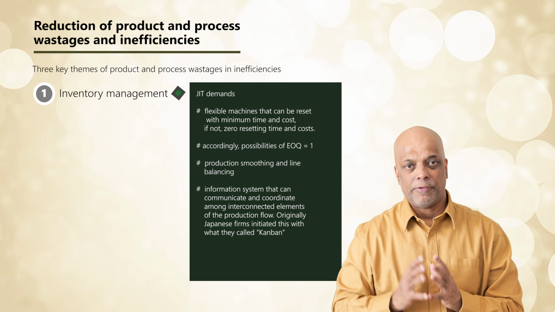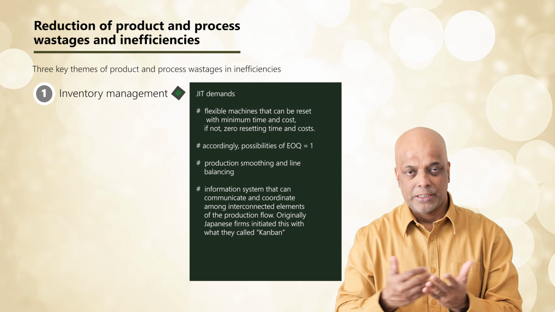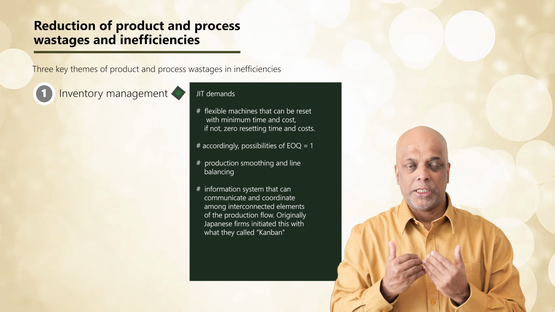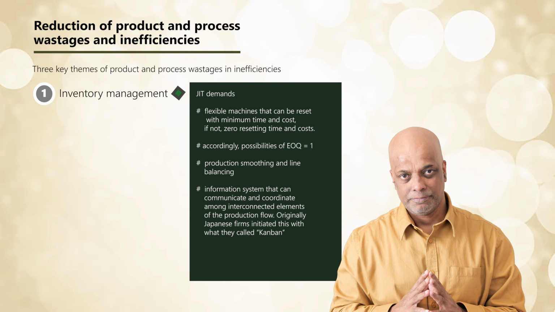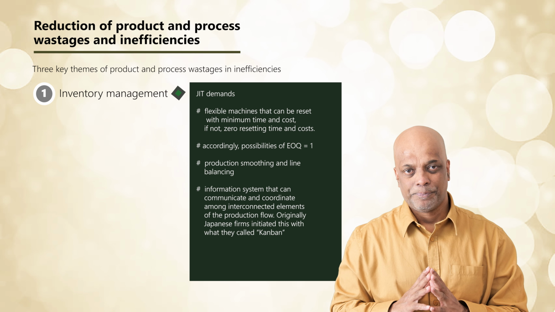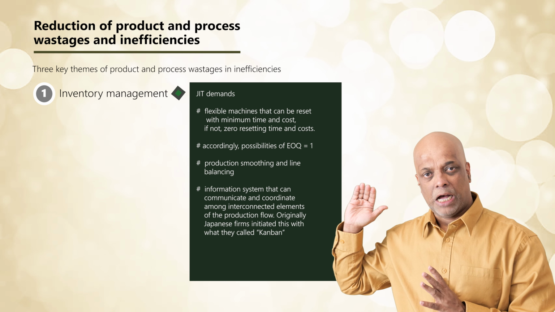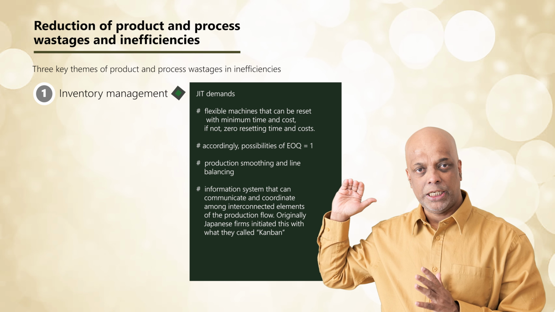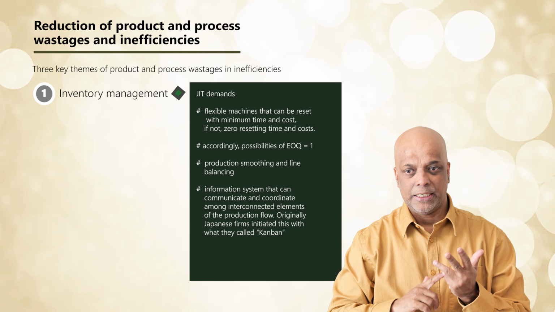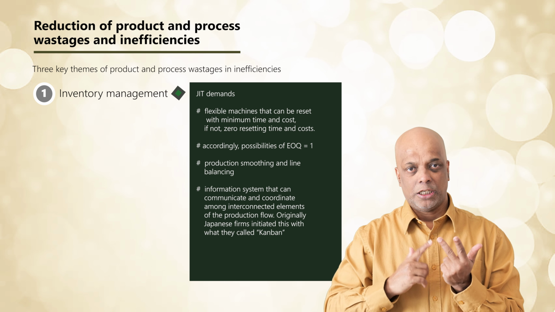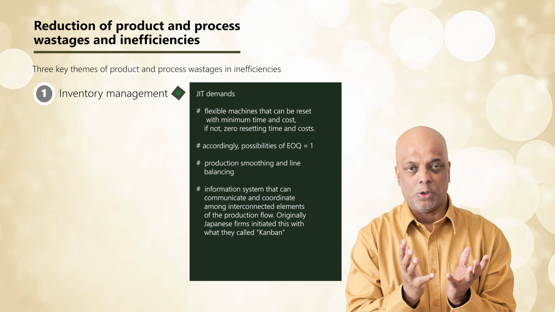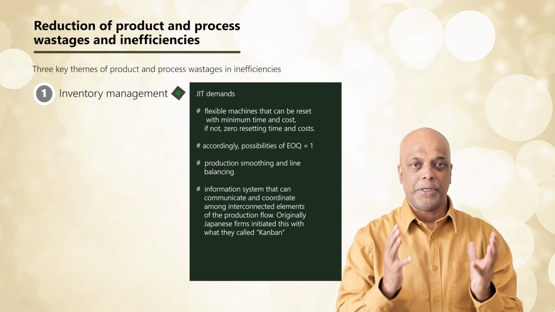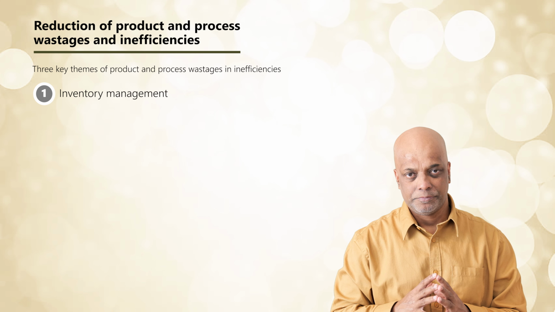Originally, Japanese manufacturing companies created this type of information flow using what they call a Kanban system. You can have a further understanding of these specific techniques such as just-in-time, reduction of setup time, flexible machines, Kanban system, and so on when you read the recommended readings.